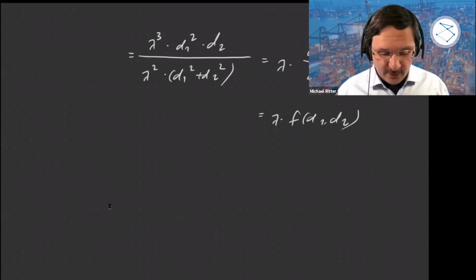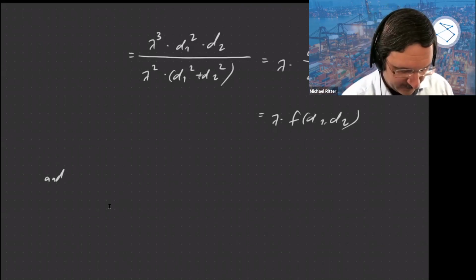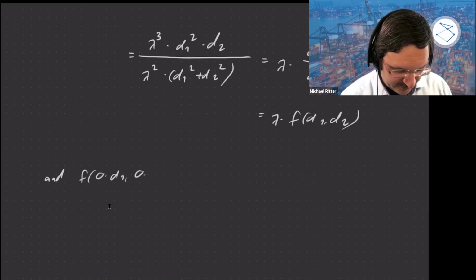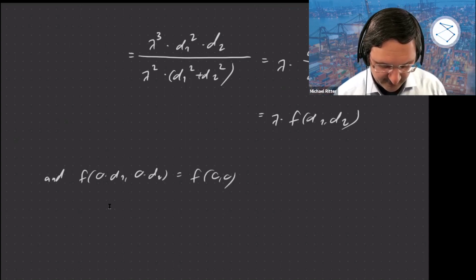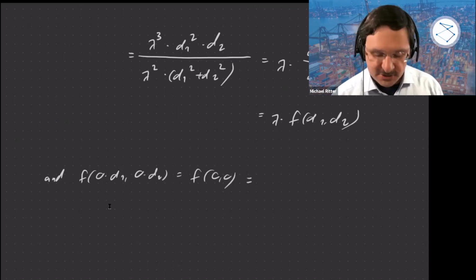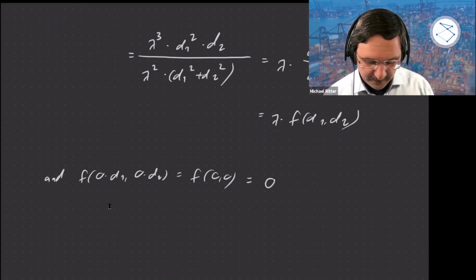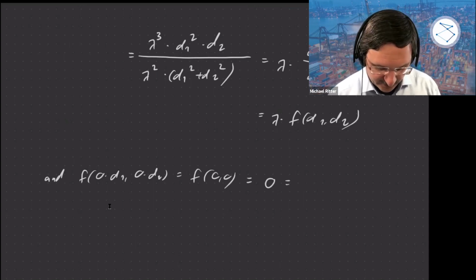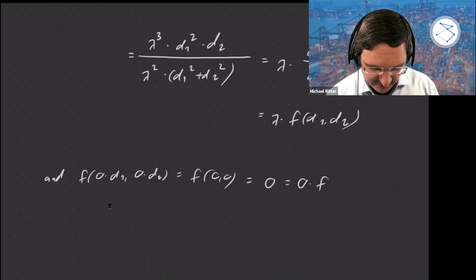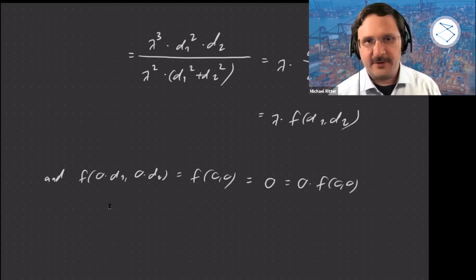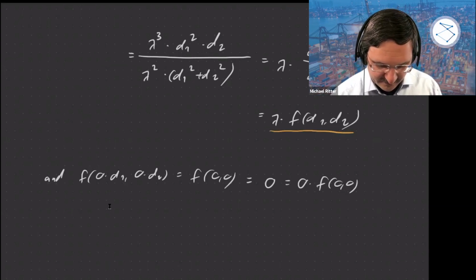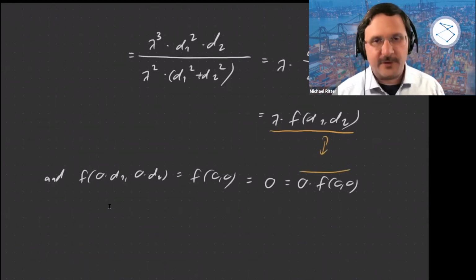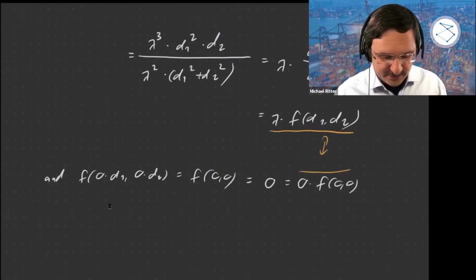And of course, for the origin, so f of 0 times d1, 0 times d2, well, that's simply going to be f of 0, 0. By definition, that is 0. And of course, that's also 0 times the function value at 0, 0, yeah? So this here holds for any lambda, even for lambda equals 0.